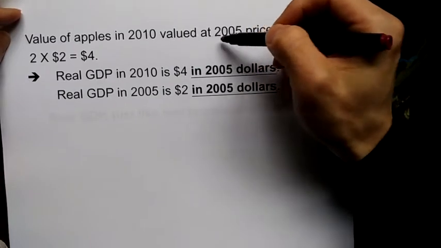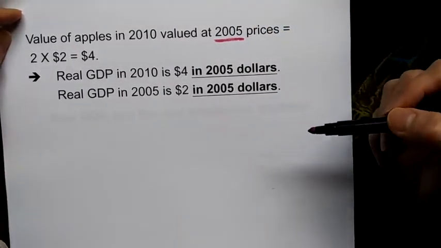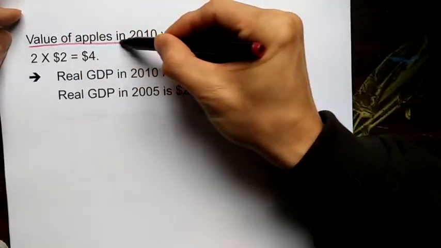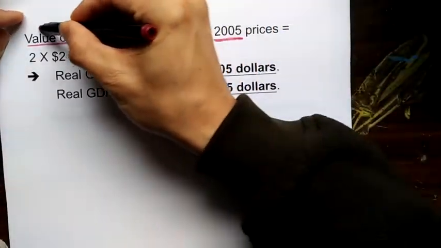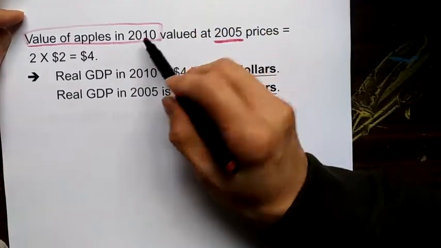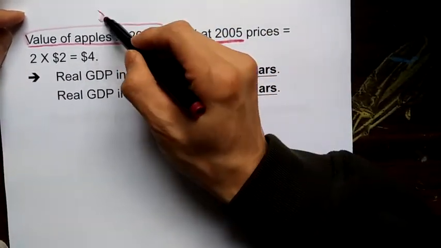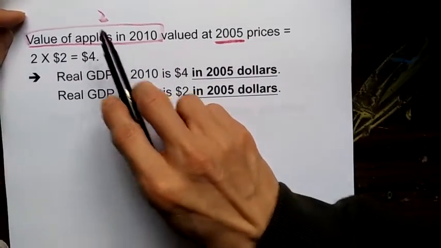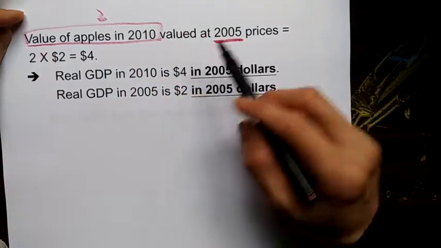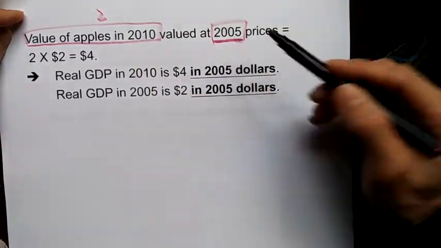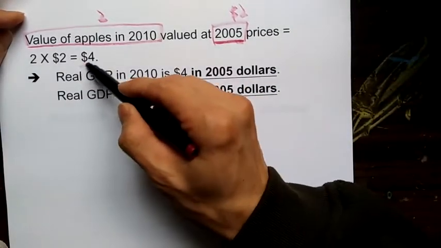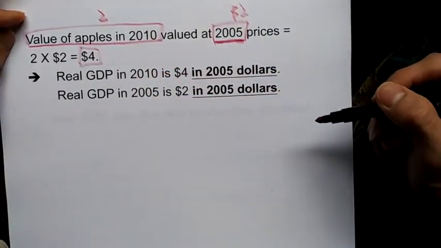We pick 2005 as the base year. Okay? The value of apples in 2010, remember, how many apples are produced in 2010? 2, right? If we value those 2 apples at the 2005 price, which is $2 each, then we get the number we want.